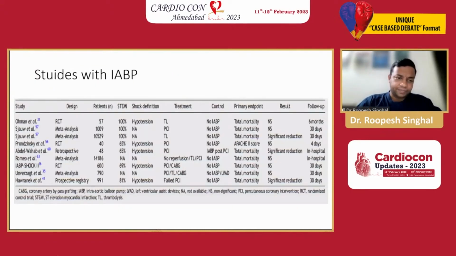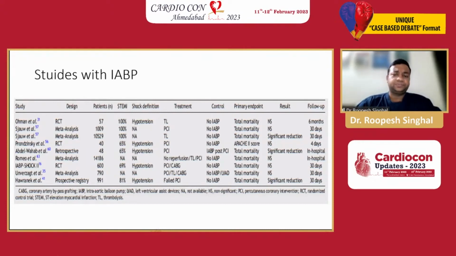A lot of data with IABP and a lot of data with Impella as well now. Unfortunately, cardiogenic shock is a milieu which is very hard to study in randomized controlled trials. So a lot of these studies have been retrospective in nature, a lot of meta-analyses, and a very variable kind of result.